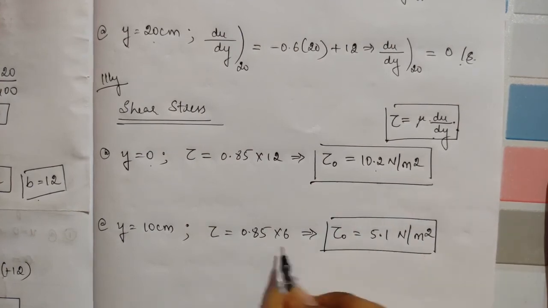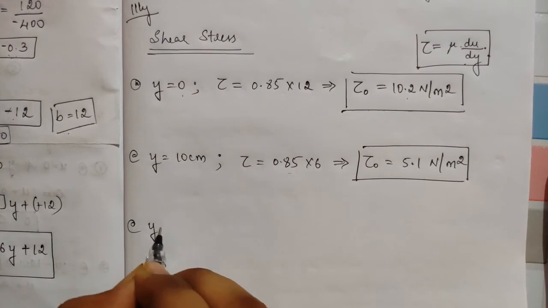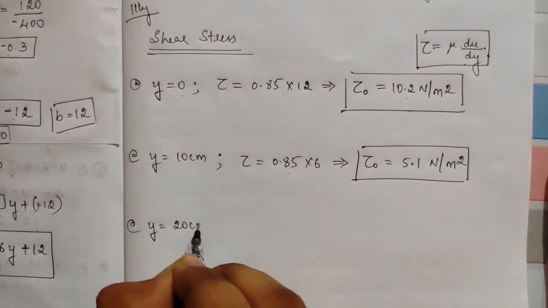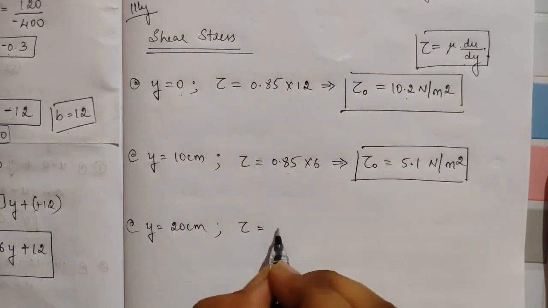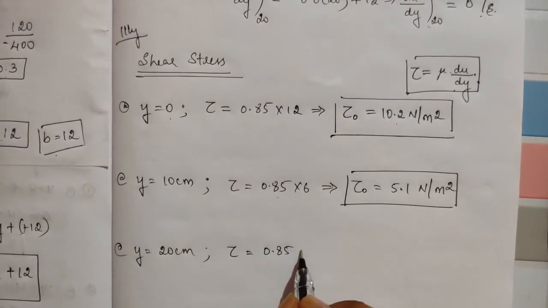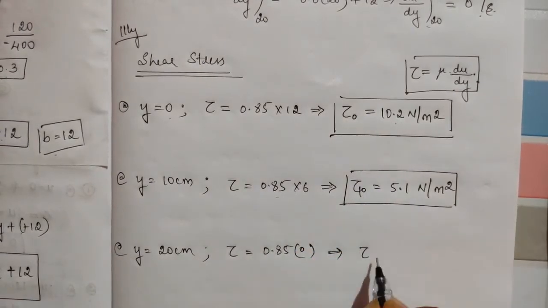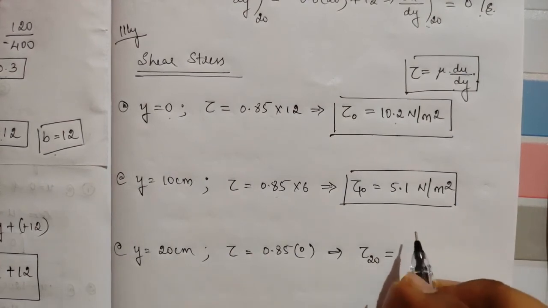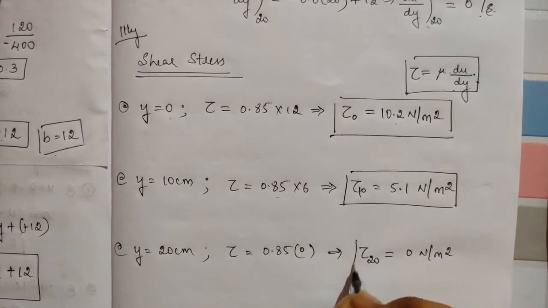If you want, you can calculate 0.85 into 6. At y is equal to 20 centimeter, what will be the shear stress? It is 0.85 into du by dy, which is just 0. So at 20 centimeter, the value of shear stress will be 0 Newton per meter square.